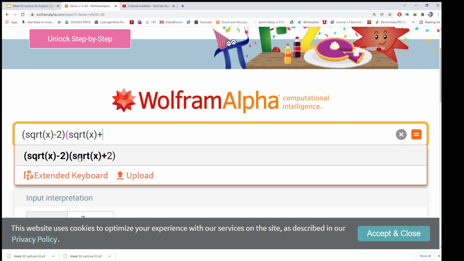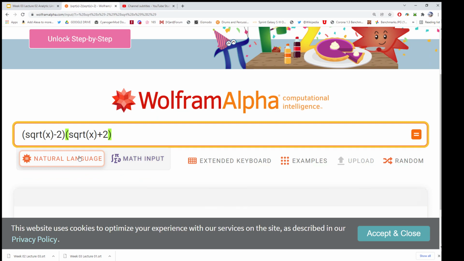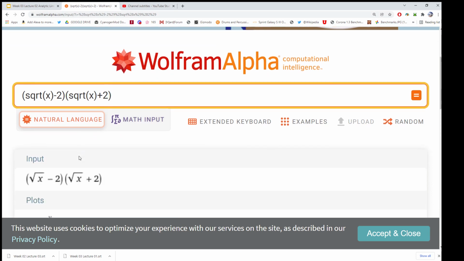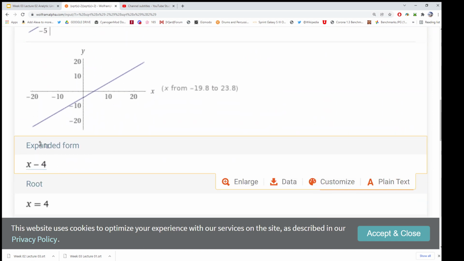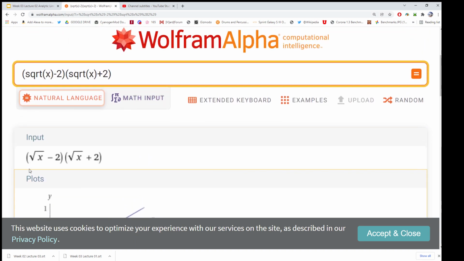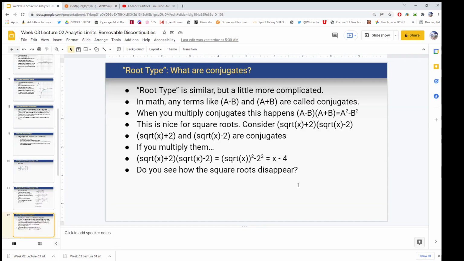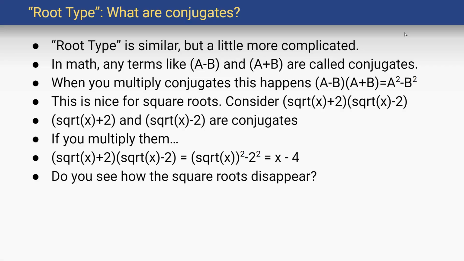If you multiply those out on Wolfram Alpha, and you scroll down a little bit, you'll see expanded form, just x minus 4, because it's the square root of x squared, which is x, minus 2 squared, which is 4. So this property of conjugates you have to be familiar with in order to do these problems. Multiplying conjugates makes your square roots disappear, basically.